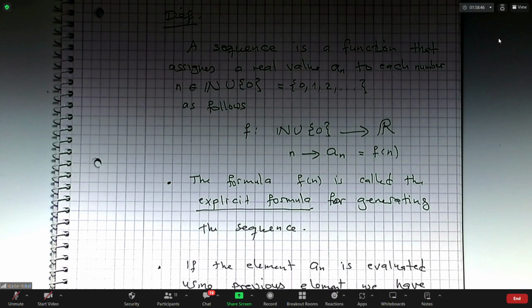There will be a shift between using A0 or A1 as the first element. Okay, the series, we will talk more about series in the next sections of this chapter next year.